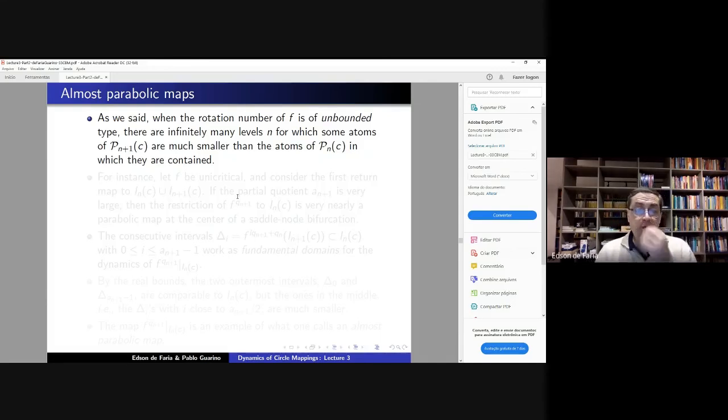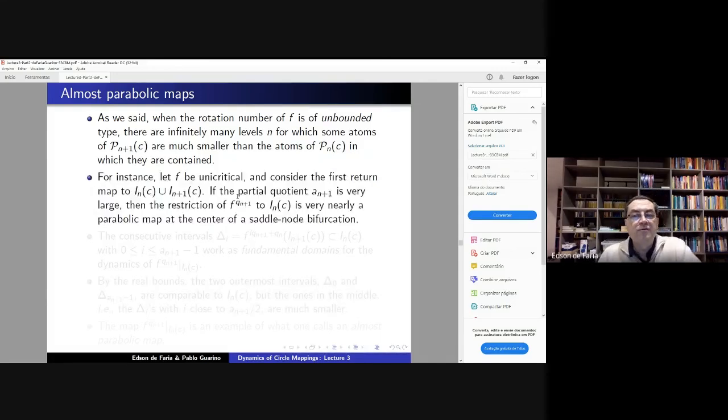So for instance, suppose you have only one critical point, and you're considering the first return map to I_n union I_{n+1}. These are determined by two consecutive closest returns to the critical point, okay?